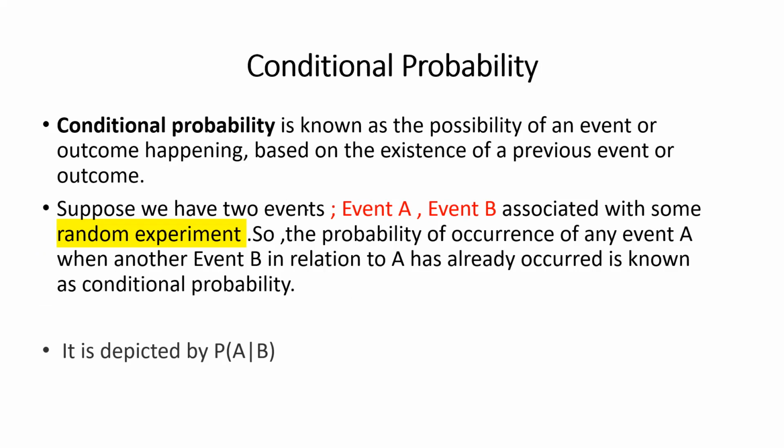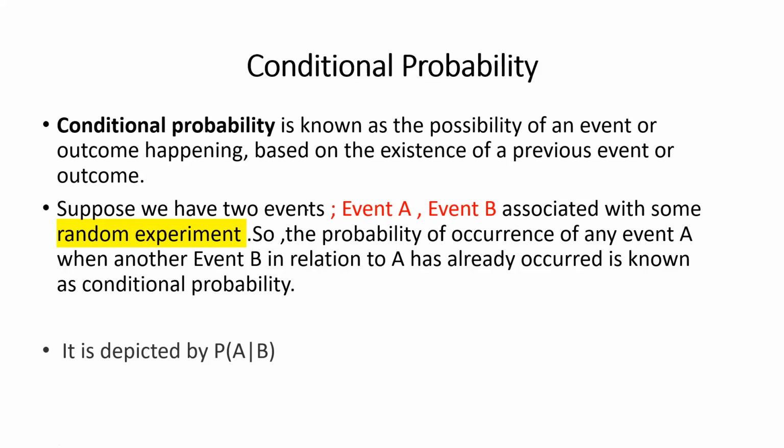Suppose we have two events, event A and event B, associated with some random experiment. What can the random experiment be? A random experiment like tossing two coins or throwing two dice, right?